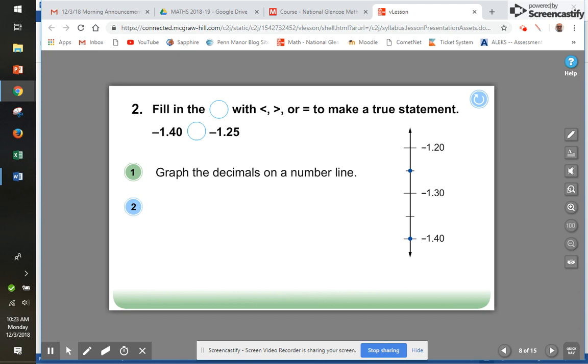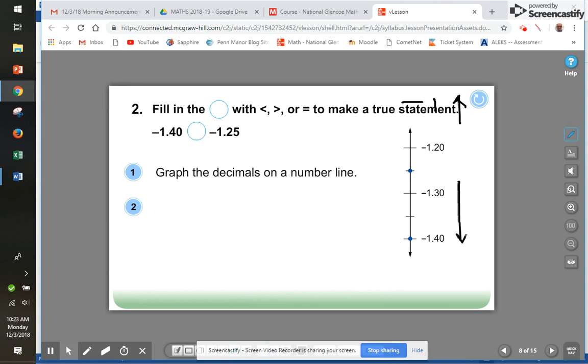If I was going to put the number negative 1 on this, it would probably be right about here. As I'm heading up, numbers are getting bigger. As I'm heading down, numbers are getting smaller.